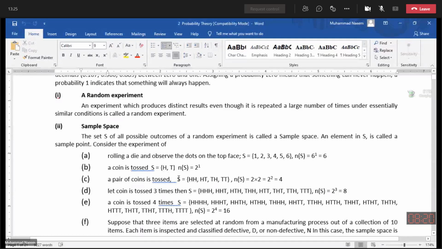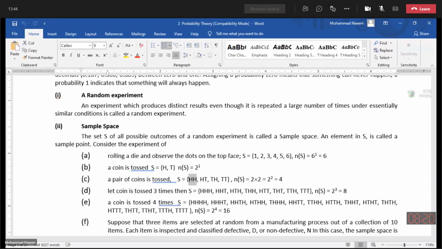Similarly, we select or draw or pick up two items from a box, which are possibly defective or non-defective. So we have this sample space.